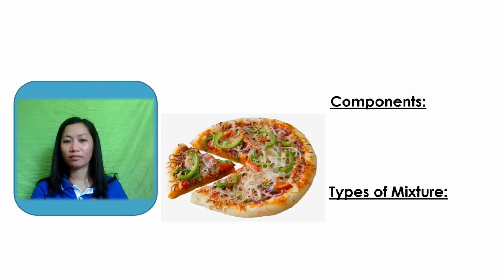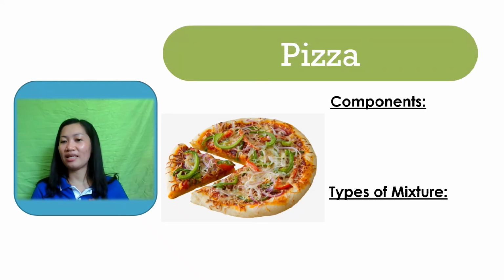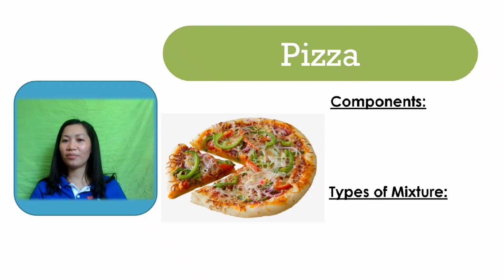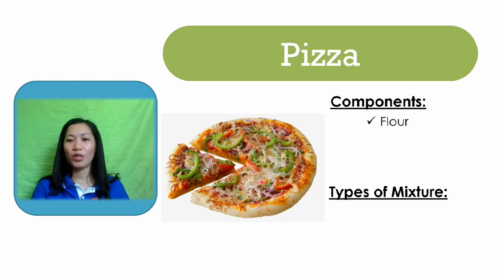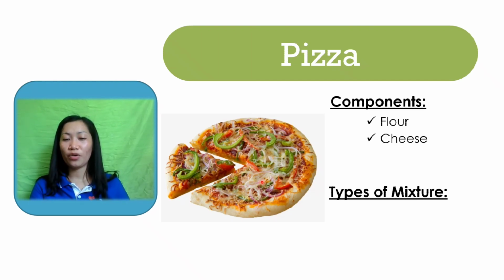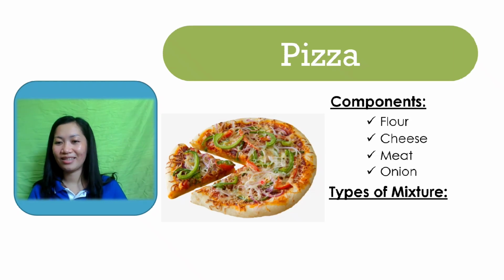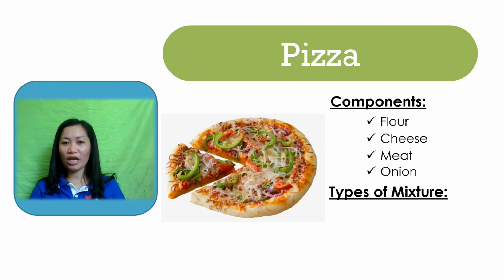Okay. How about the pizza? Okay, what are some components of the pizza? We have the flour, we have the cheese, we have the meat, and sometimes we have the onion. So for this food, we have the pizza. What do you think the mixture is?